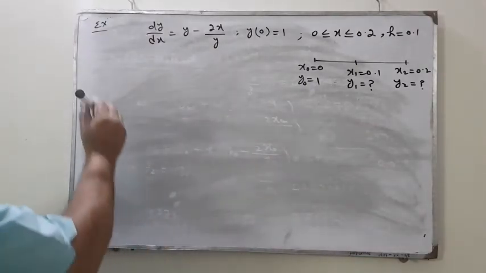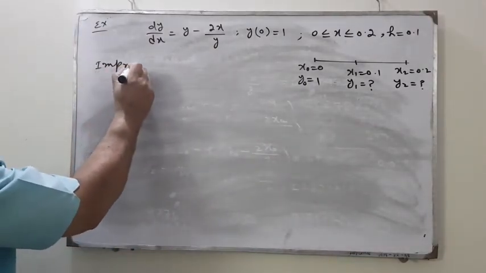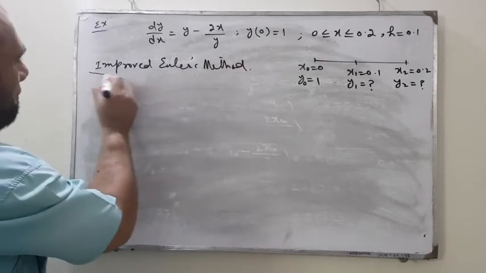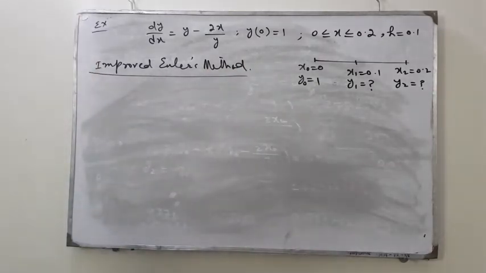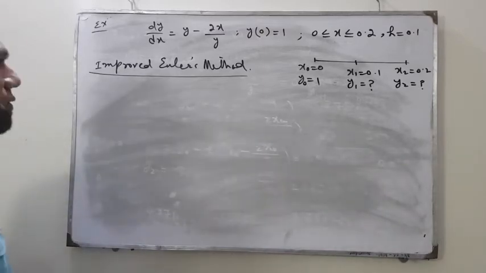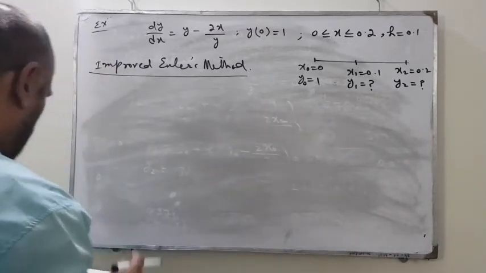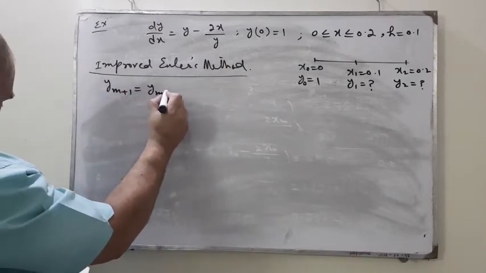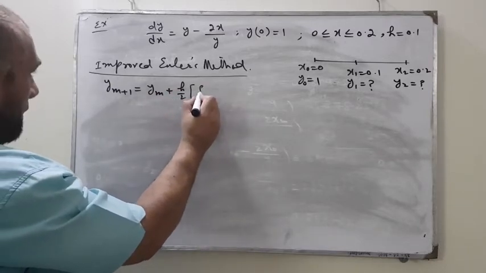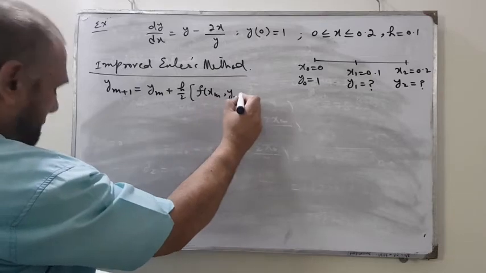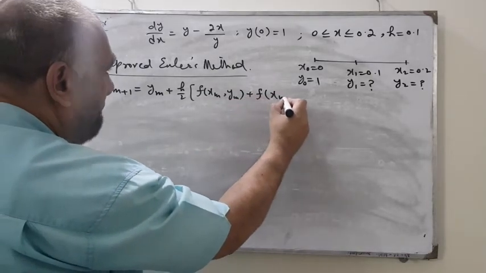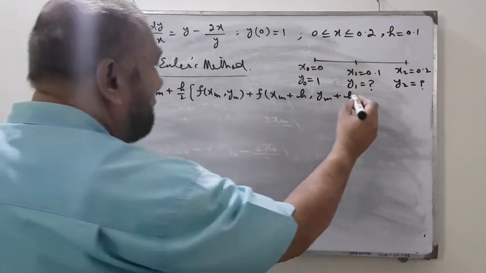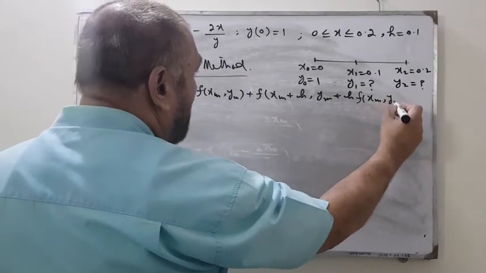If you remember, the formula for the improved Euler's method is y(m+1) equals ym plus h by 2 times f(xm, ym) plus f(xm plus h, ym plus h f(xm, ym)).